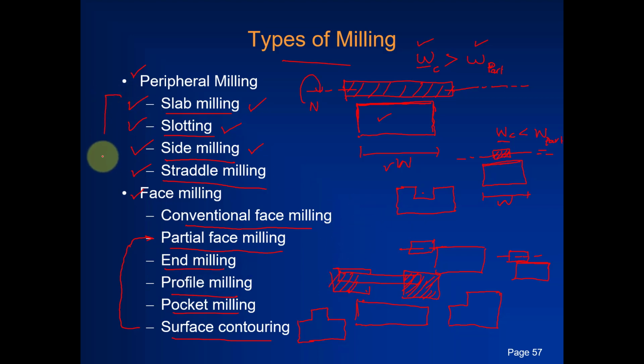In all these four examples, slab milling, slotting, side milling, straddle milling, you have seen that the axis of rotation of the cutter is parallel to the surface being machined. So we will see again. If you don't have any question about that, you will easily pick these examples as well.